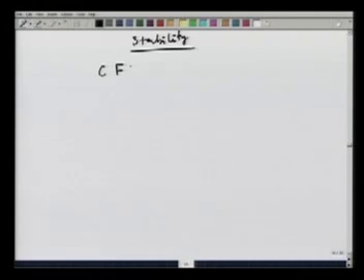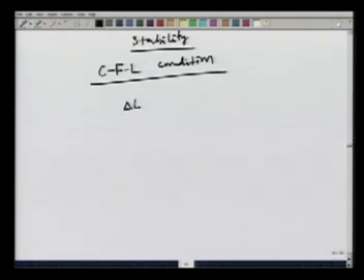This is called the Courant-Friedrichs-Lewy condition, CFL condition. And this condition says delta t should be less than or equal to delta x divided by u I plus minus square root g h I.